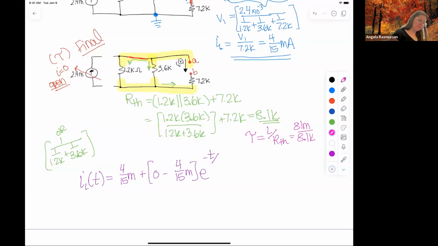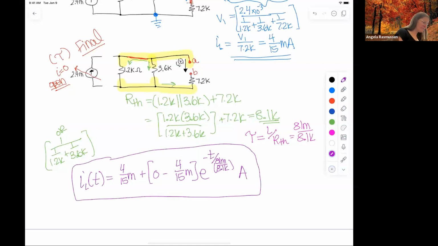I didn't write that out, so I'm going to write it this way: 81 milli over 8.1K. And this will be in amps. And that is my final equation for IL of T.